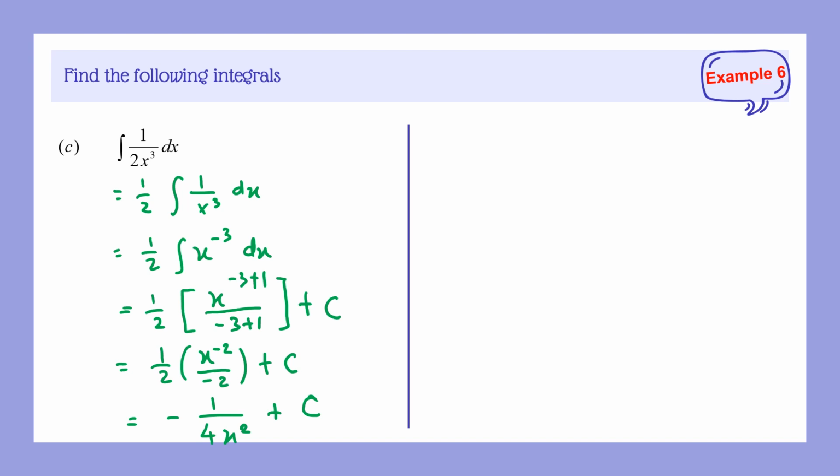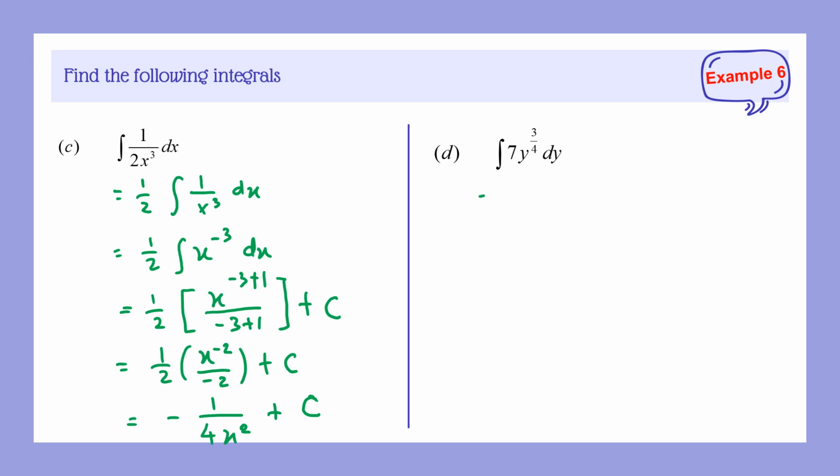So then next we continue with question D. We have integrate 7y to the power of 3 over 4 dy. So this is one we want to integrate with respect to y. So first we bring 7 out.